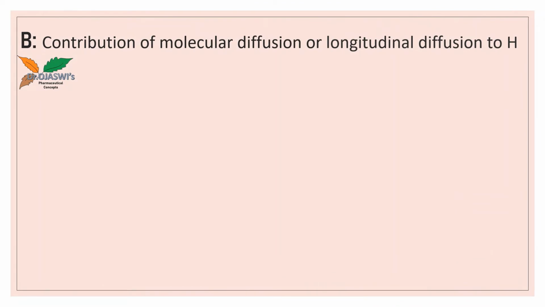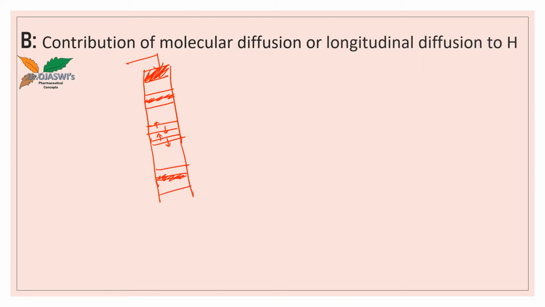Second factor B, that is the contribution of molecular diffusion or longitudinal diffusion to H. As I have told you earlier, whenever the sample is introduced inside the column, initially it is all a mixture. Slowly the bands start separating. But when these bands are separating and flowing down, simultaneously these bands also diffuse on either side, and this diffusion on either side may lead to remixing of the band.